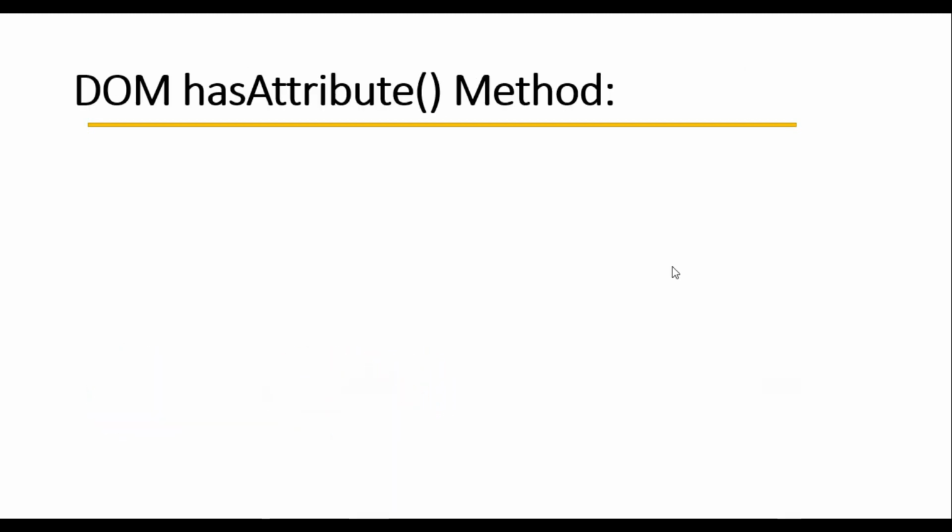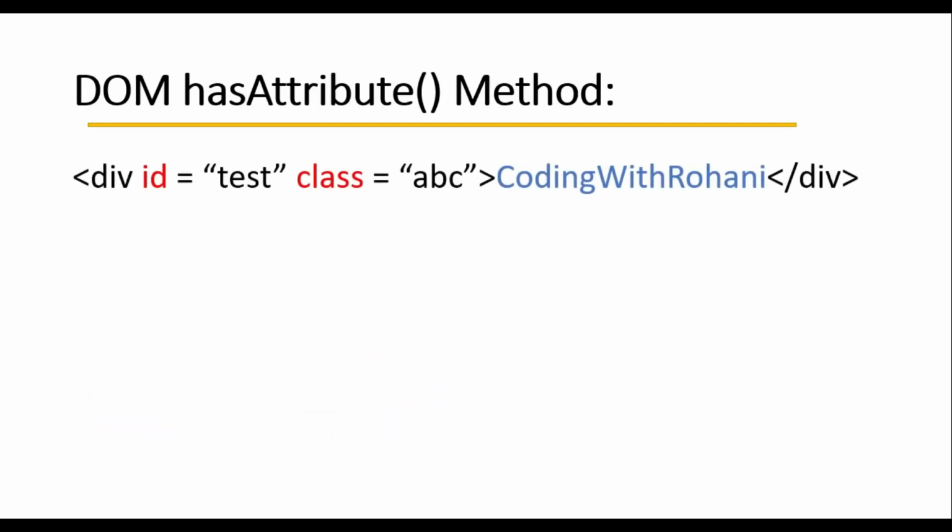So let's suppose that we have a div, and in this div we have two attributes, which is id test and class abc. Let's suppose you want to check whether this div has another attribute or not by using the id, or you can also just use the name of the attribute.